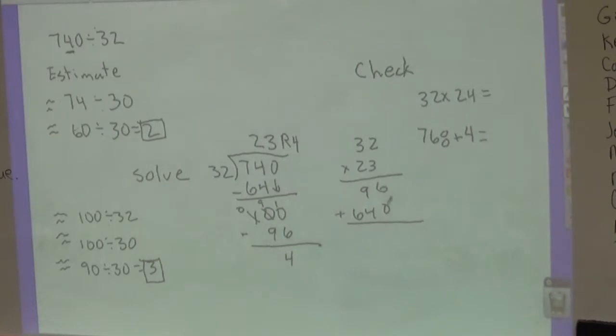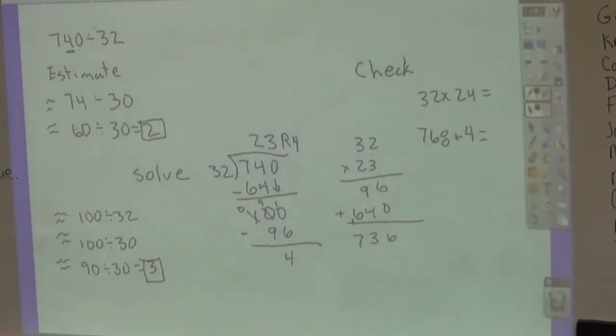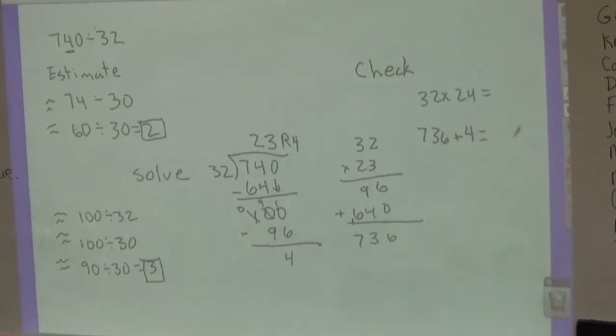Now we add. 6 plus 0 equals 6. 9 plus 4 is 13. 6 plus 1 equals 7. So it's 736 plus 4. So that makes it 740. Yes.